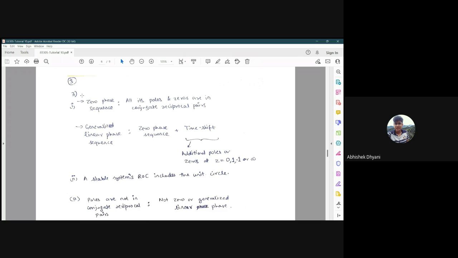Okay, so this is question number 3. So to tell whether it's a zero phase sequence, recall that for zero phase sequences, all the poles and zeros are in conjugate reciprocal pairs.